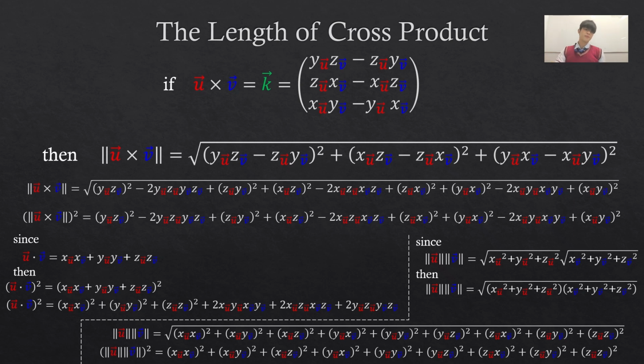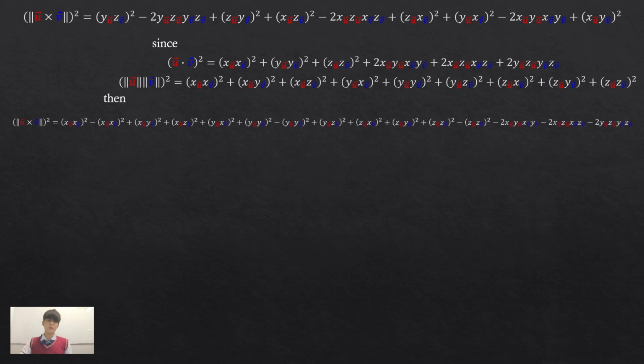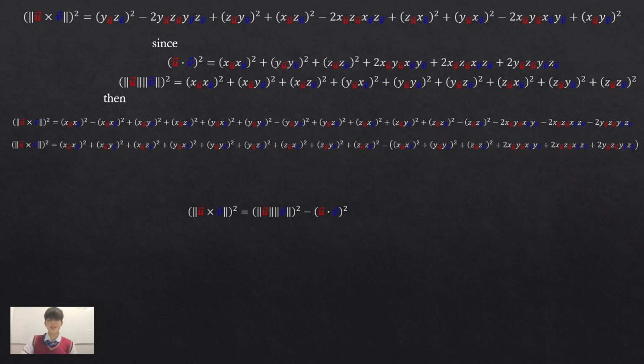Now, let's combine the three equations we obtained. Using a bit of basic algebra, we can rearrange the equations like this and compare them with the other two. Here, the first part matches the squared product of the magnitudes of u and v, while the second part matches the square form of their dot product.